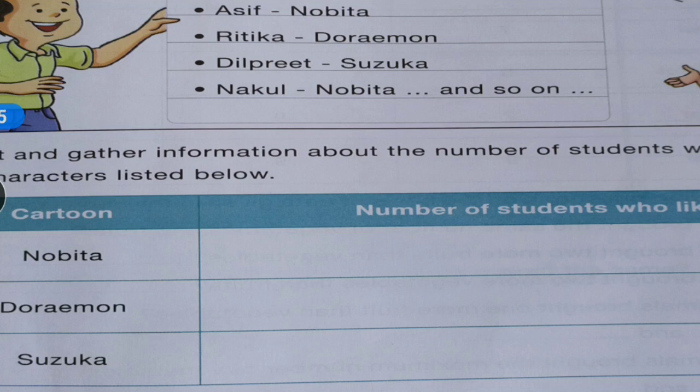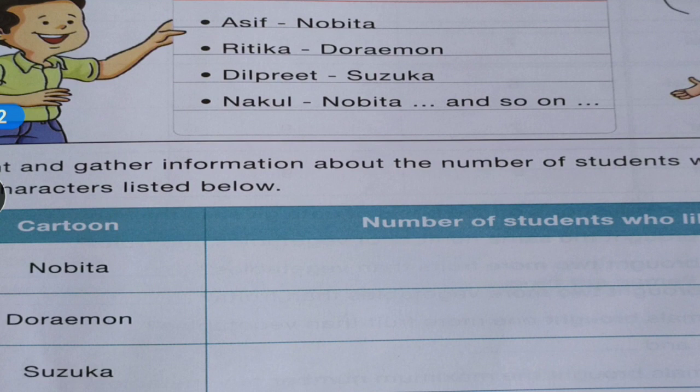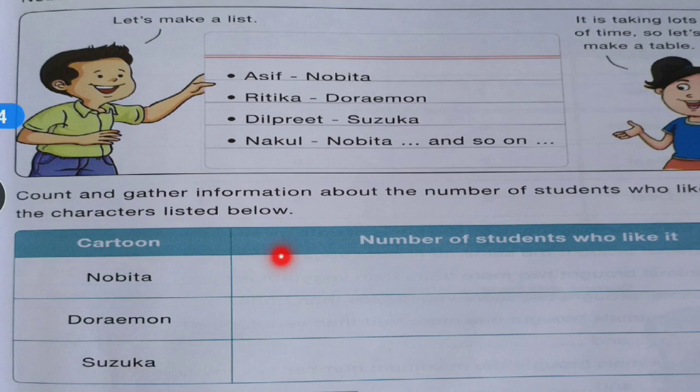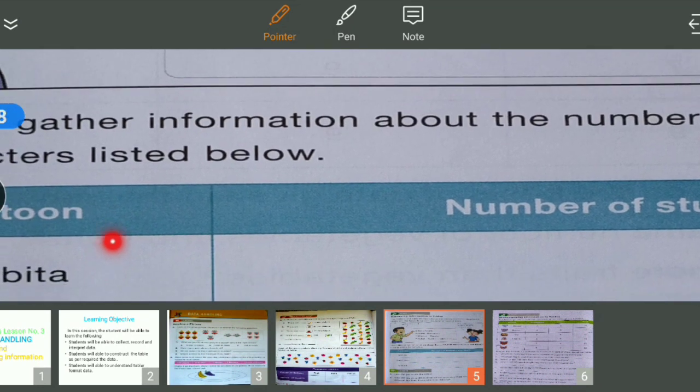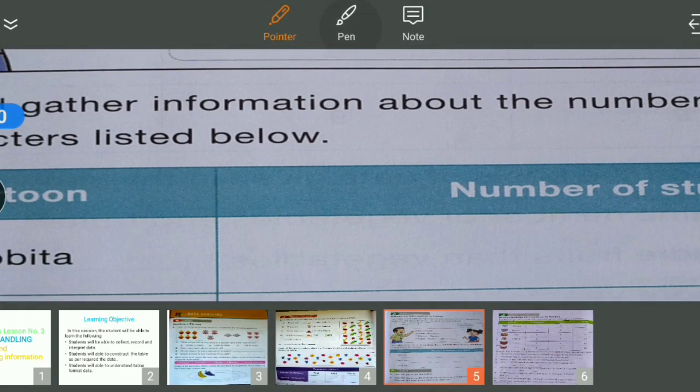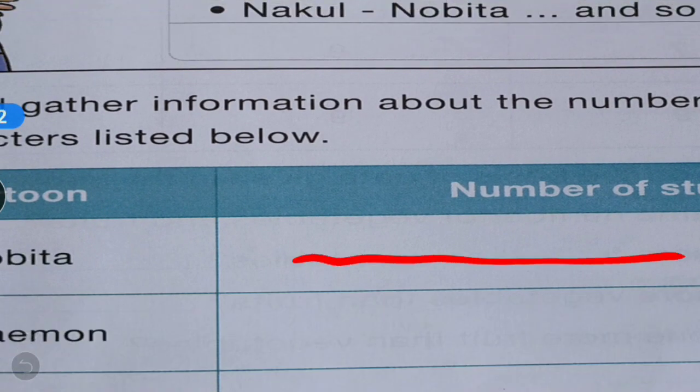In the tabular form, you get a systematic arrangement of rows and columns. These are the rows and these are the columns. Systematic arrangement of the rows and the columns.